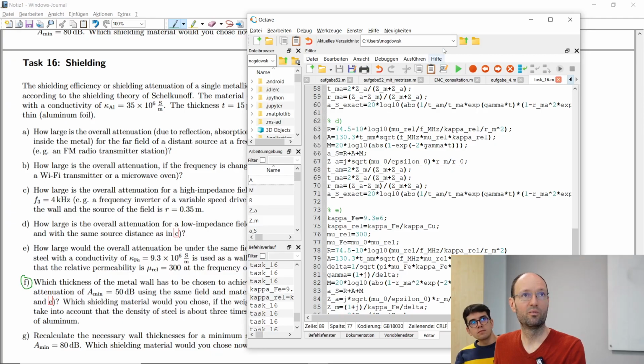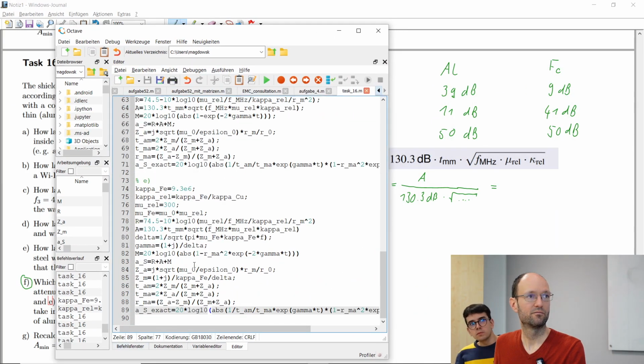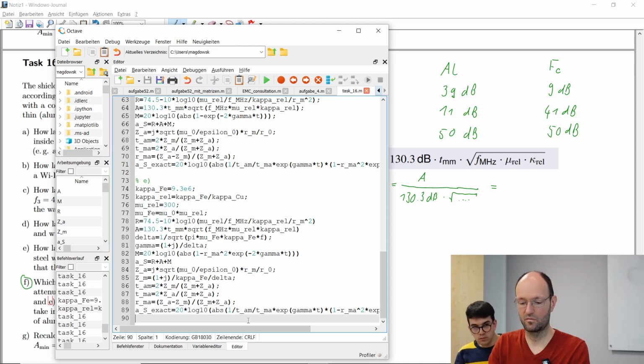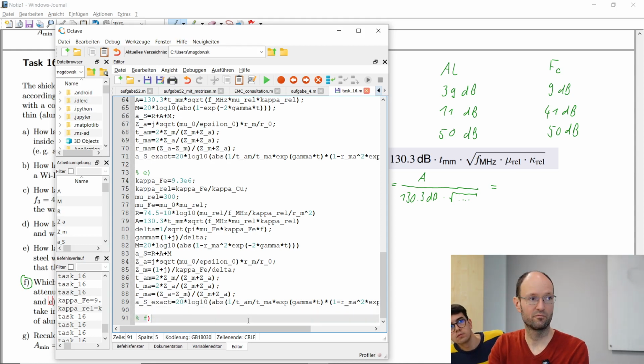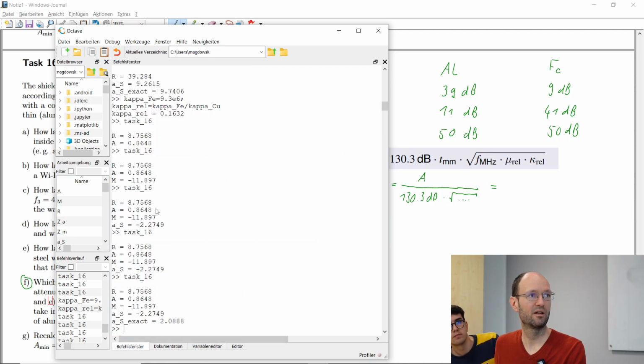Okay, so let's go back to Octave, and for subtask F, maybe I find the values that we had before. This was what we got for steel.